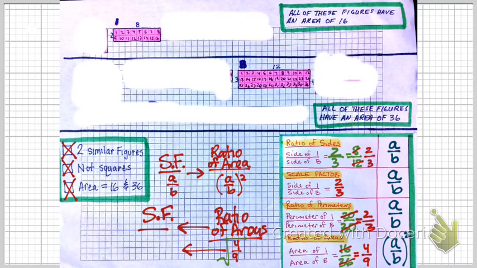So the square root of 4 is 2, and the square root of 9 is 3. So this right here is the pattern that you're supposed to know about the ratio of the areas and the scale factor of two similar shapes.